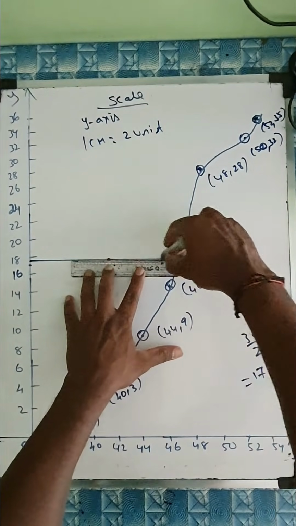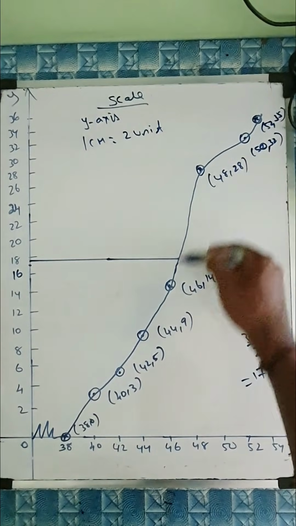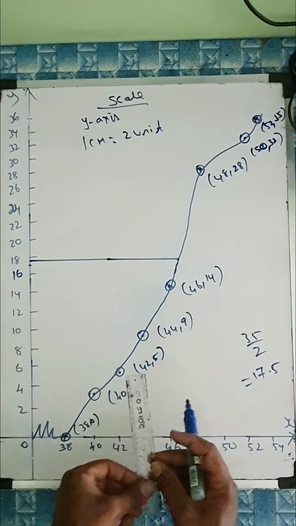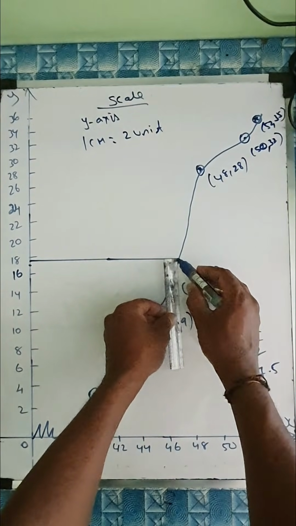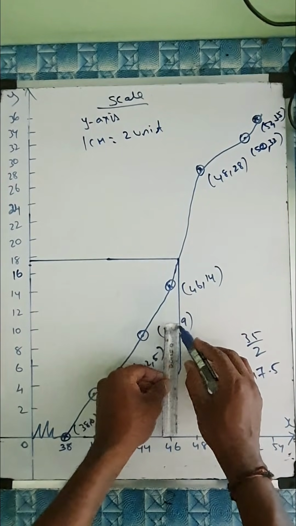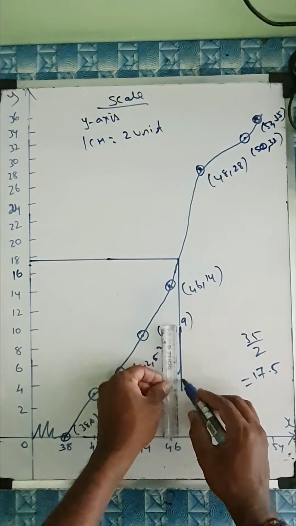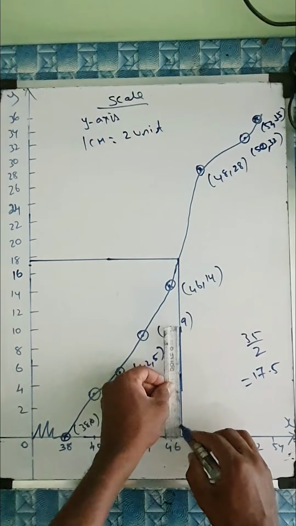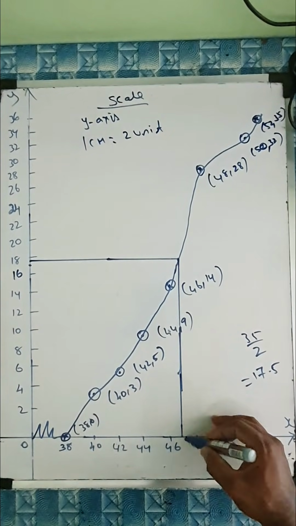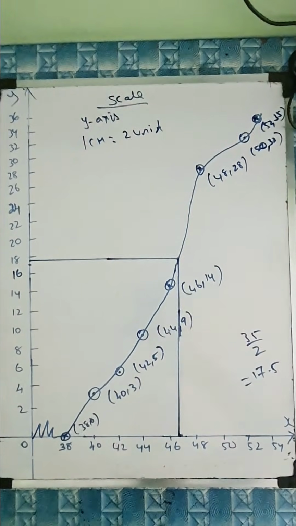Where that line touches the less than type ogive, you bring it straight down. Something like 47 comes, so the middle of the class is coming here.